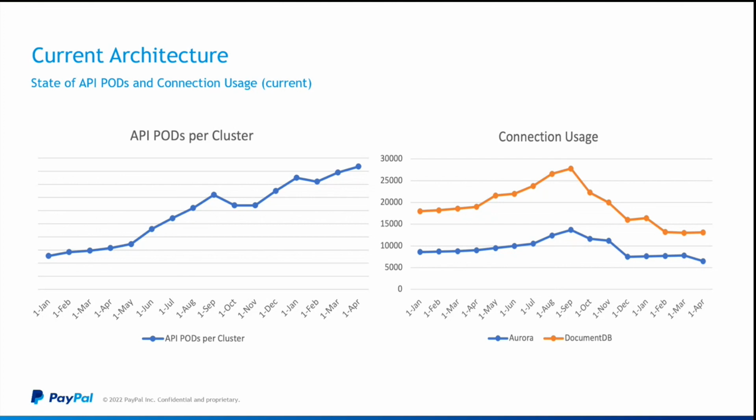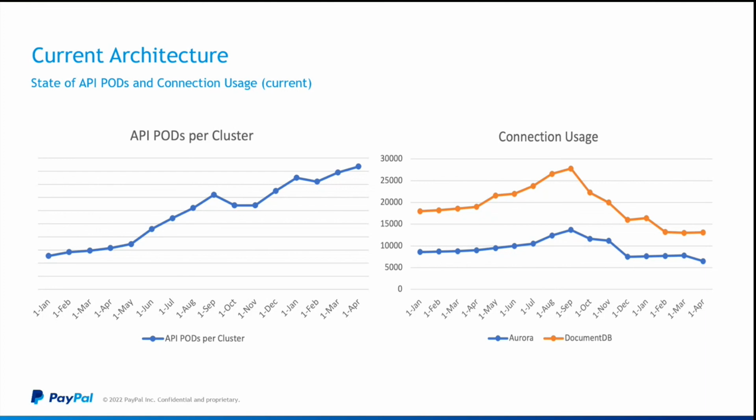But also during that timeframe, we were working on these proxy solutions. And if you see in the graph, around the November or December timeframe, we started rolling out solutions for Aurora and DocumentDB, one namespace at a time. And as you see, towards the end of last year, we were trending up with regards to the number of pods that we are running.